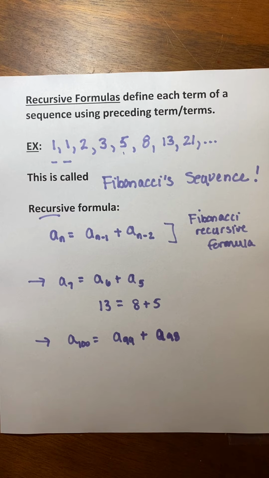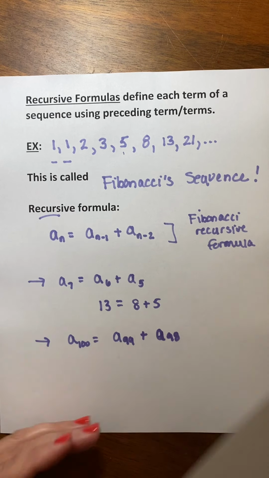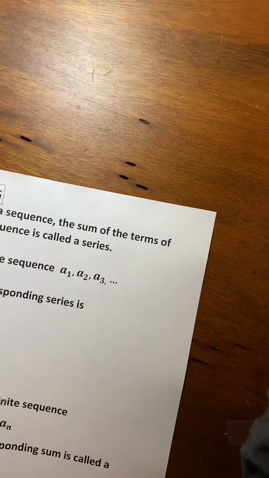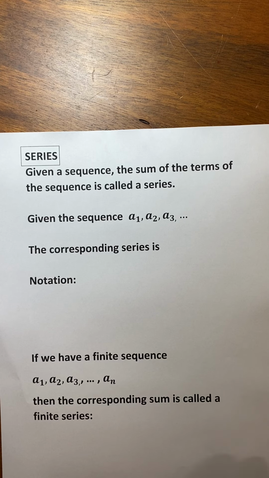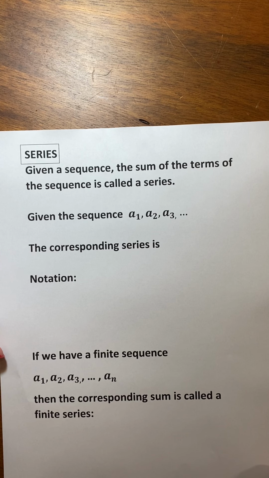All right, let's talk a little bit about a series. What's the difference between a sequence and a series? Well, a sequence is an ordered list of numbers, but a series is the sum of the terms of the sequence.